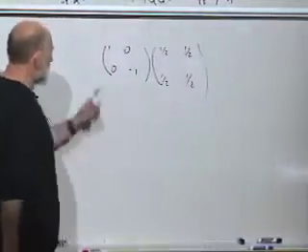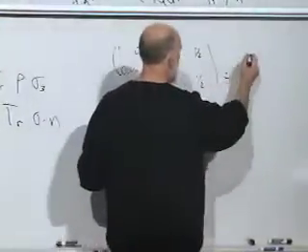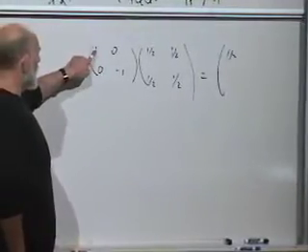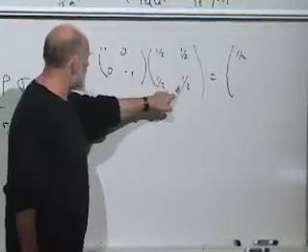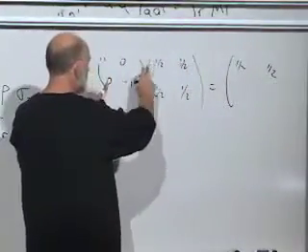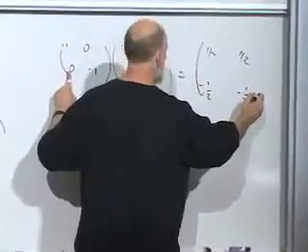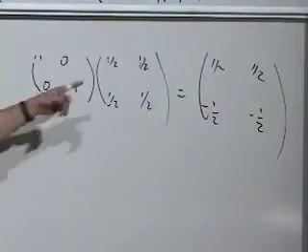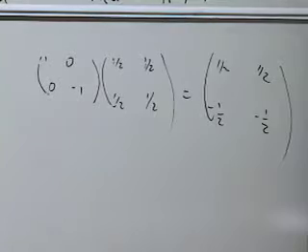Let's see what the product is. 1 times 1/2 plus 0 times this is 1/2. And now minus 1/2, minus 1/2. Now I have to take the trace of it. Trace is 0. So the expectation value of sigma 3 is 0.